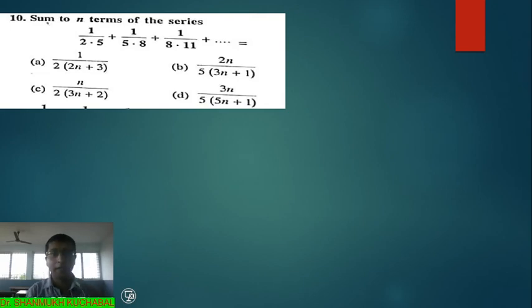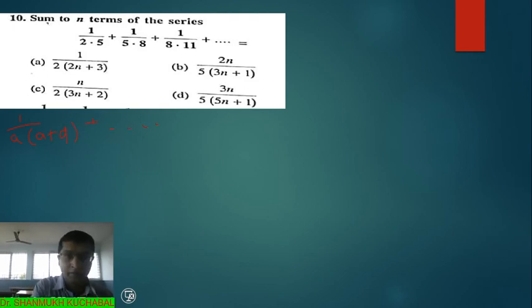Okay, we'll move to our next example. Sum to n terms of the series 1 divided by 2 into 5, 1 divided by 5 into 8. We use the second trick here. It is of the form 1 by a into a plus d, like that.